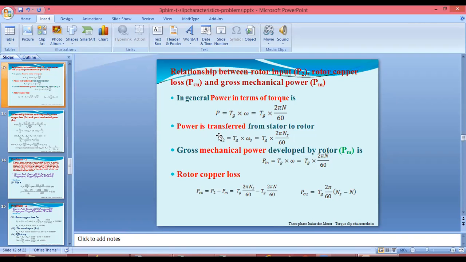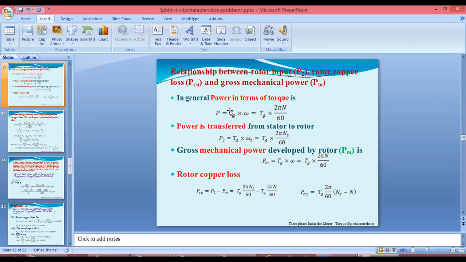Now we have the torque equations of the power. How will we get power in the form of torque? Tg into, for the stator, torque into Ws. Ws you can take as 2πNs upon 60. Capital N is the speed of the rotor, and Ns is the speed of the stator.